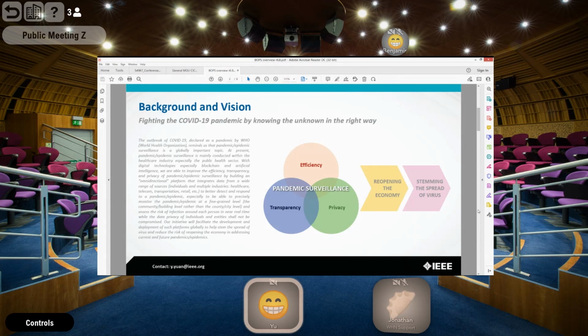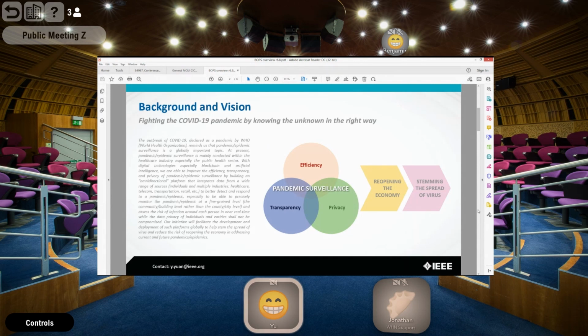It is mainly conducted within the healthcare industry, especially the public health sector. But we do have many digital technologies which we can leverage for this mission, especially blockchain and artificial intelligence. We can use them to improve the efficiency, transparency, and privacy of our pandemic surveillance.